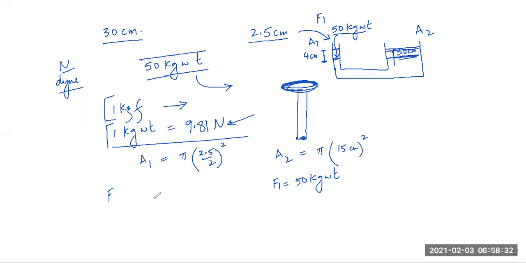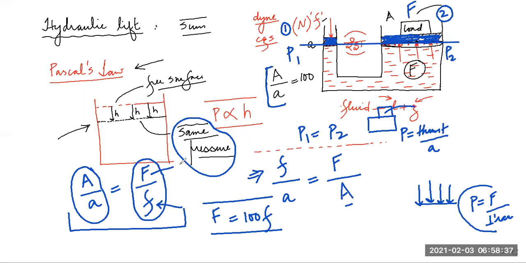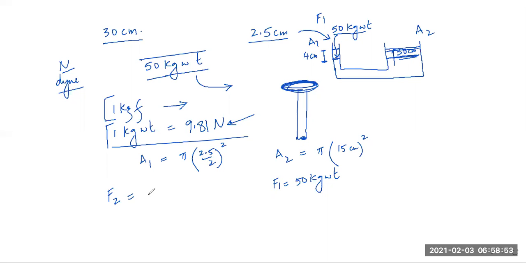So what is the formula? See the formula: F2 by F1 is equal to A2 by A1. So F2 would be F1 times the ratio of bigger area and smaller area. The bigger area is pi into 15 centimeter square, divided by pi into 2.5 divided by 2 square.